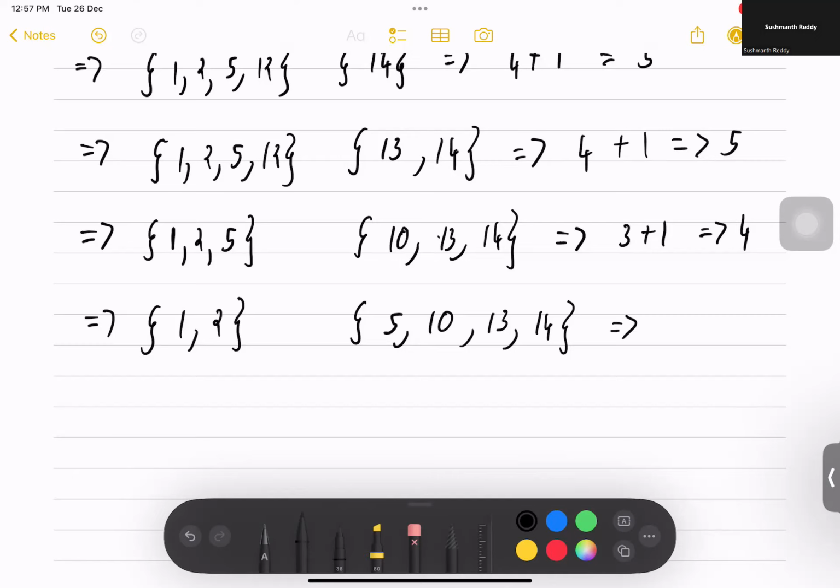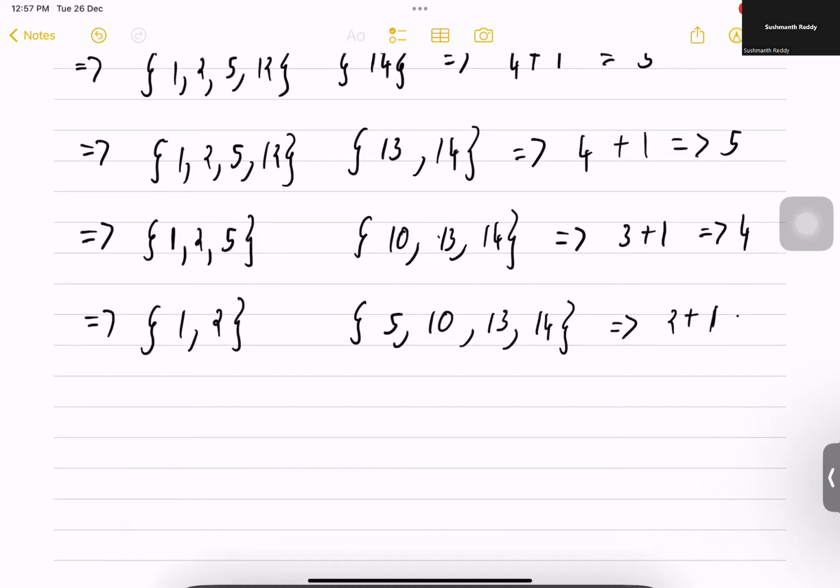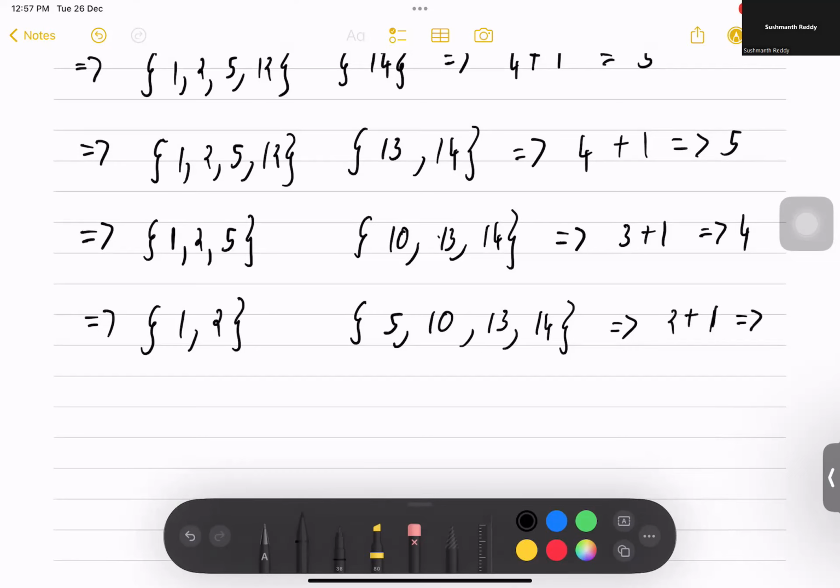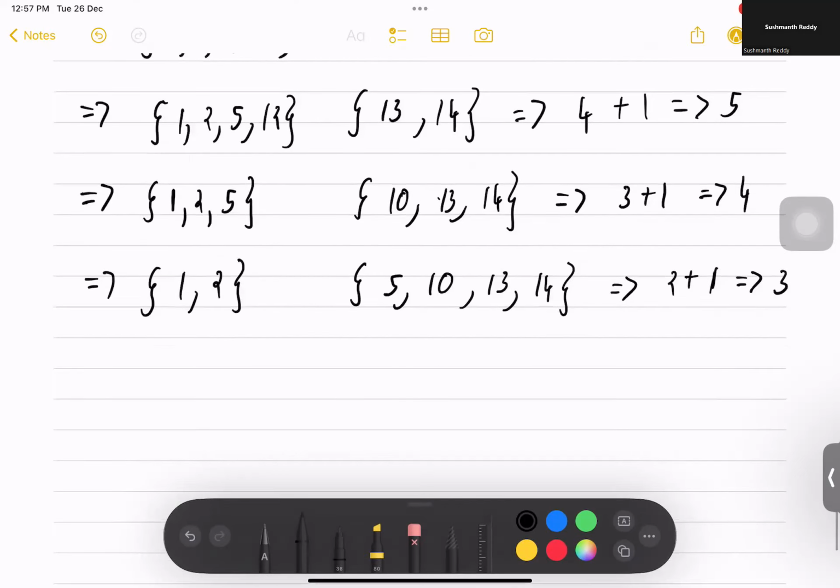So if we concatenate them, we can see that they are strictly increasing. So the number of ways we can choose L would be 2 plus 1 in this scenario. That is, there are three possible incremovable subarrays for this fixed suffix.